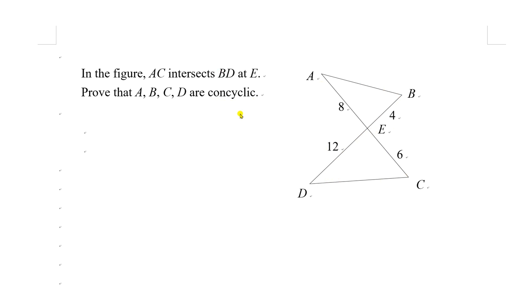The meaning of the word concyclic is that a single circle passes through all these 4 points. As we know, if you are given 3 points that are not on the same straight line, you can use a unique circle, the only circle, to pass through these 3 points.